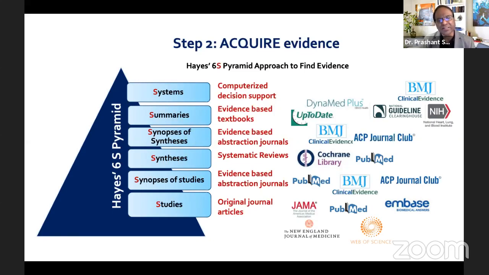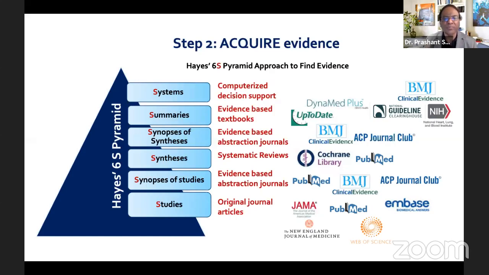And if you statistically analyze these multiple studies to get the pooled estimate or overall treatment effect size of a particular drug or intervention, that synthesis is called meta-analysis. Systematic reviews and meta-analyses are normally available in the Cochrane Library or on PubMed.